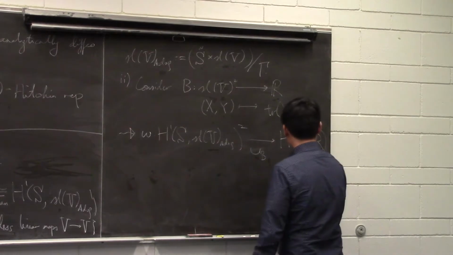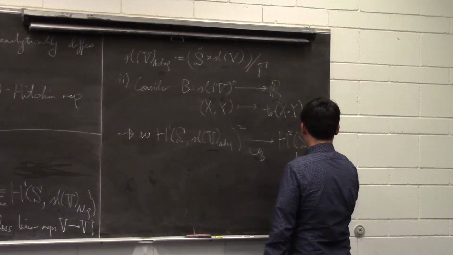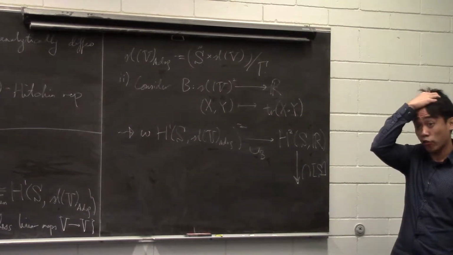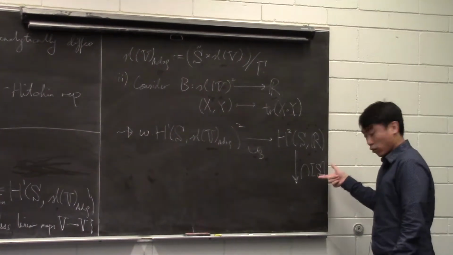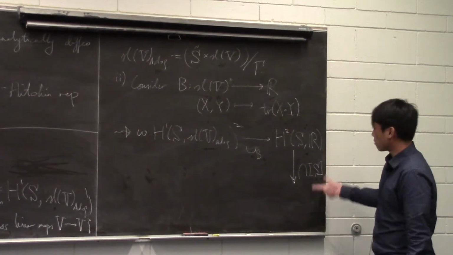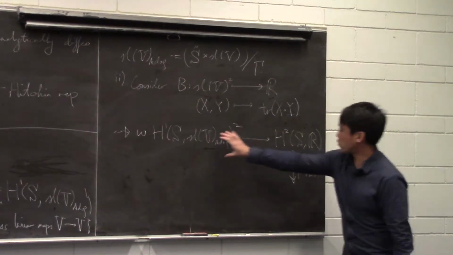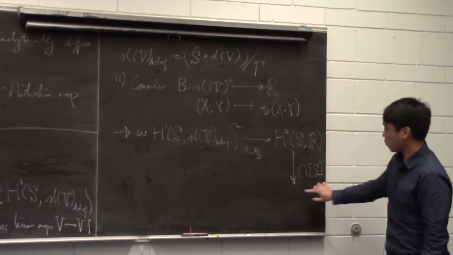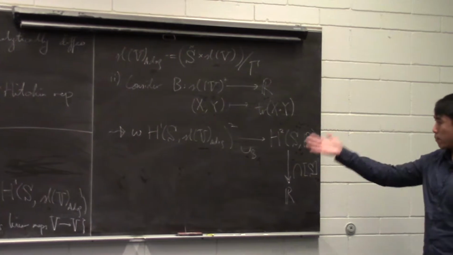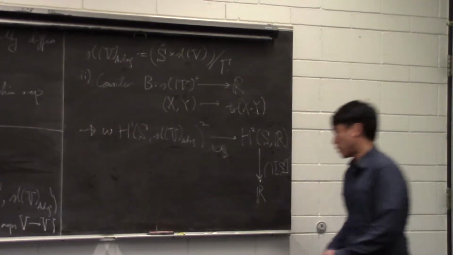Then you can take the cap product with the fundamental class of the surface. Remember S was closed and oriented, so there is a canonical homology class in H2(S, R), the second homology class. You pair with this second homology class to get something in the reals. This is a bilinear pairing that is skew symmetric.